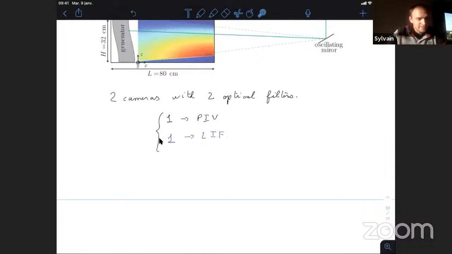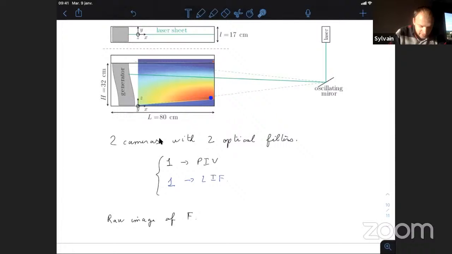And then I will not enter into all the details. The image I show here is a raw image of F. The problem is that you see the intensity becomes smaller and smaller if the laser comes in this direction. This is because of absorption.